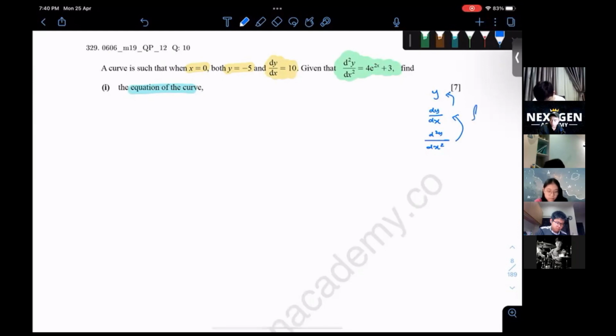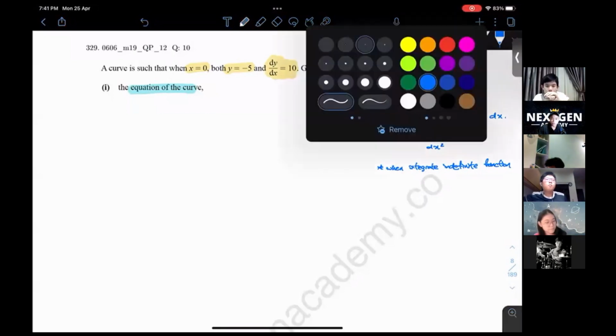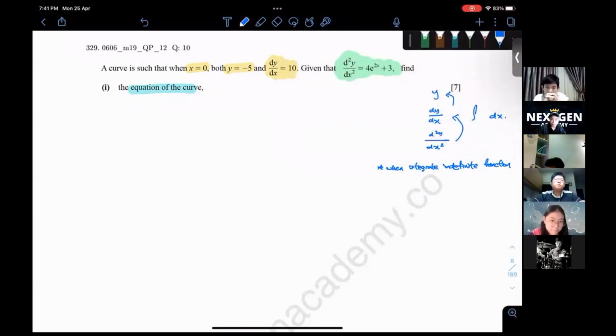Some things to take note of when integrating: when integrating an indefinite function, you need to plus c.